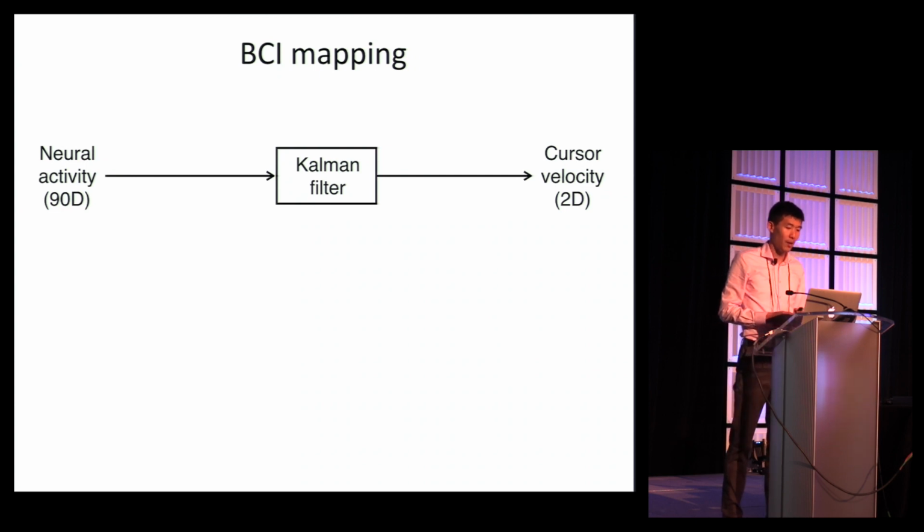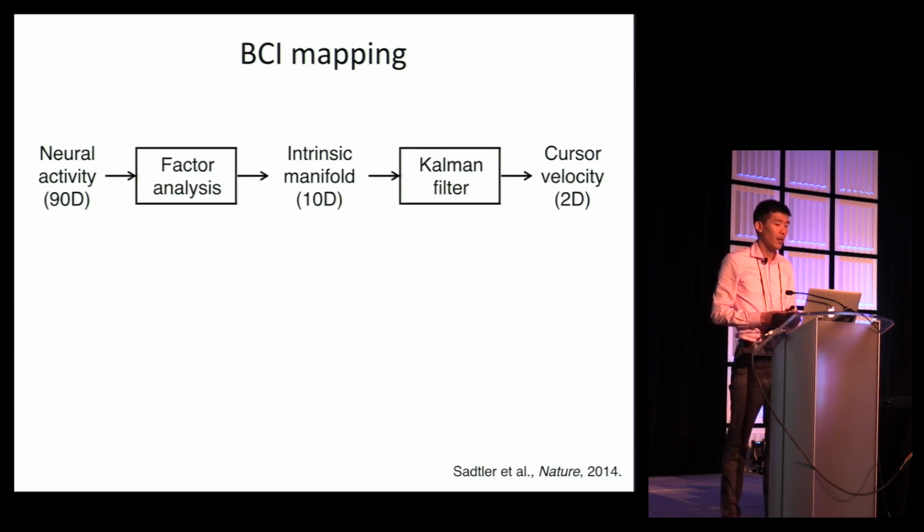What we did was we introduced factor analysis as a first stage here, whereby we use factor analysis to identify 10 factors that represent the axes of the intrinsic manifold. This number 10 was determined using cross-validation on the data.